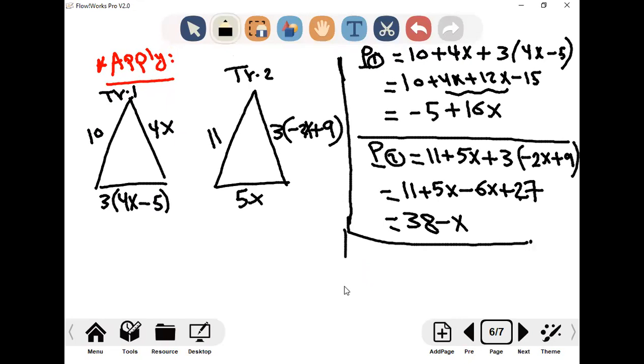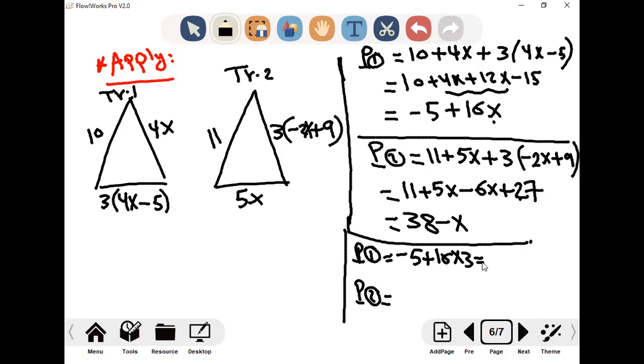Let's find perimeter 1. The question said x is 3. So for perimeter 1, we replace x here by 3. Negative 5 plus 16 multiplied by 3 equals. What do we do first?